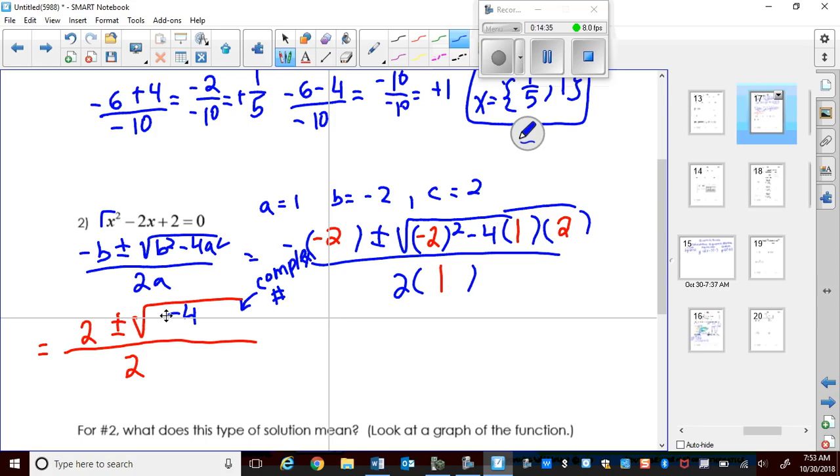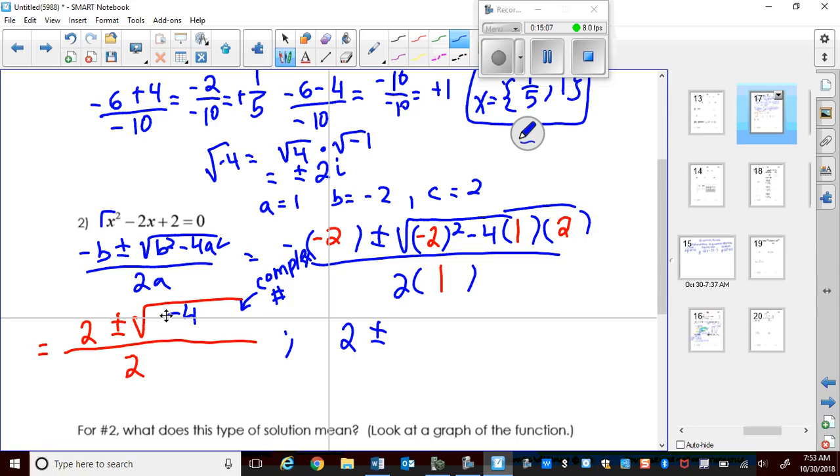The first one, the way I'm going to break it down is I have 2 plus or minus. Now, going back to the last lesson, the square root of negative 4 would be like saying the square root of 4 times the square root of negative 1, or this equals plus or minus 2i. And you can see why we have plus or minus in the formula, because you produce two solutions.